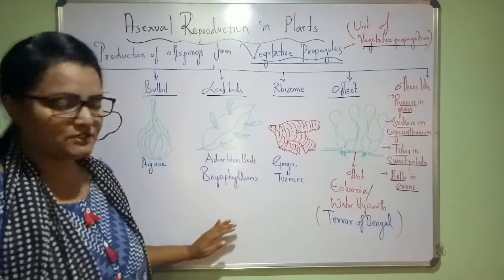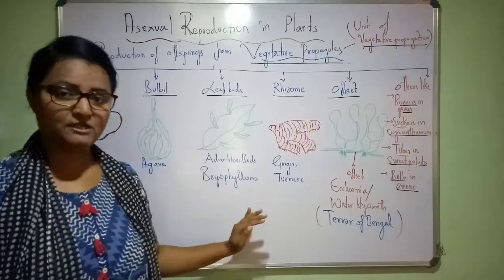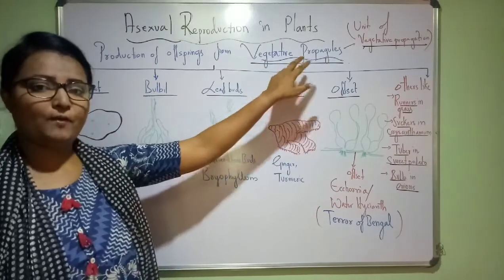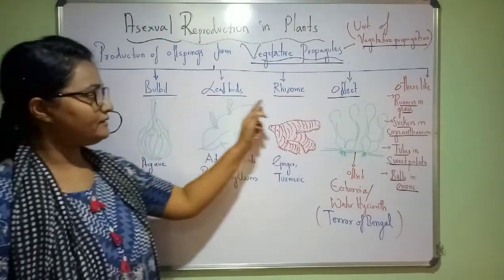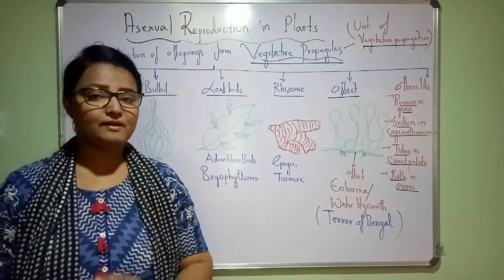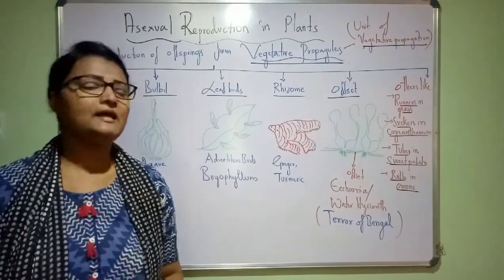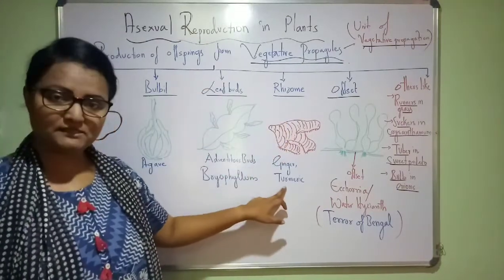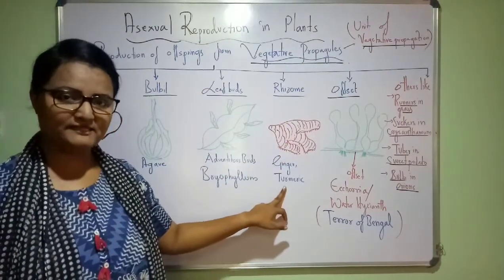So this is the natural vegetative propagation done with the help of vegetative propagules. These above are the vegetative propagules and these are the examples. Please remember, this is a very important question. They may ask either the vegetative propagule or the species or plant name.